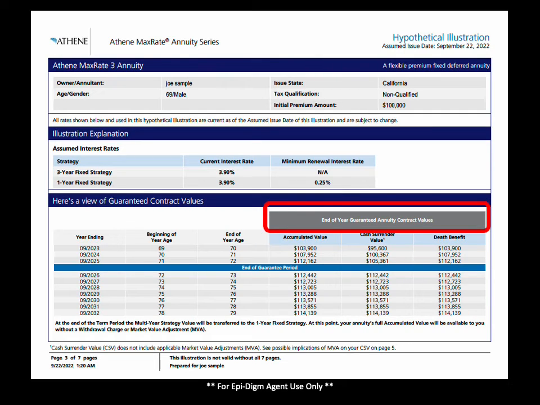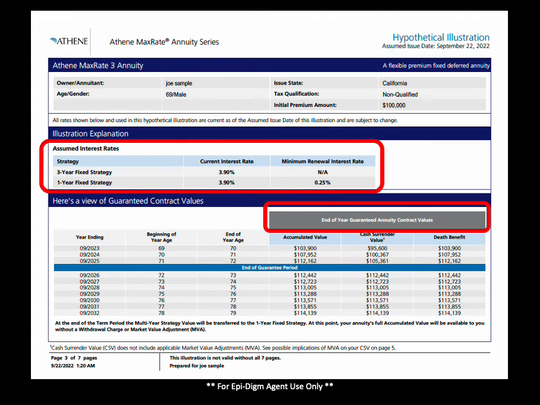As you can see, on fourth year, you'll see 112,442 accumulation and 112,442 cash surrender value. So it is true 4-year product. Okay, I already told you about interest rates.